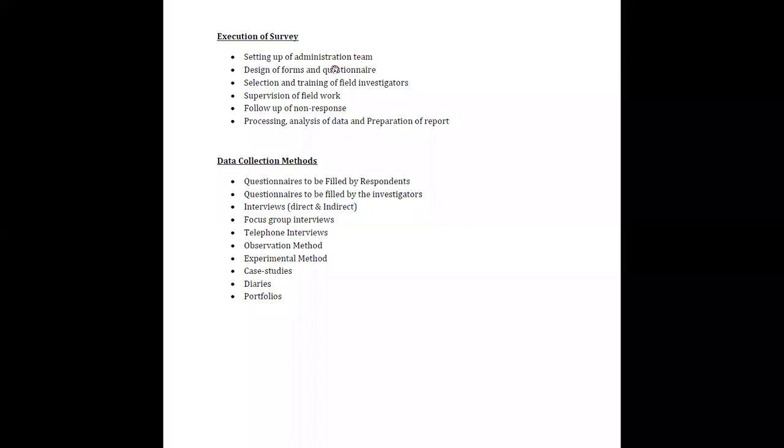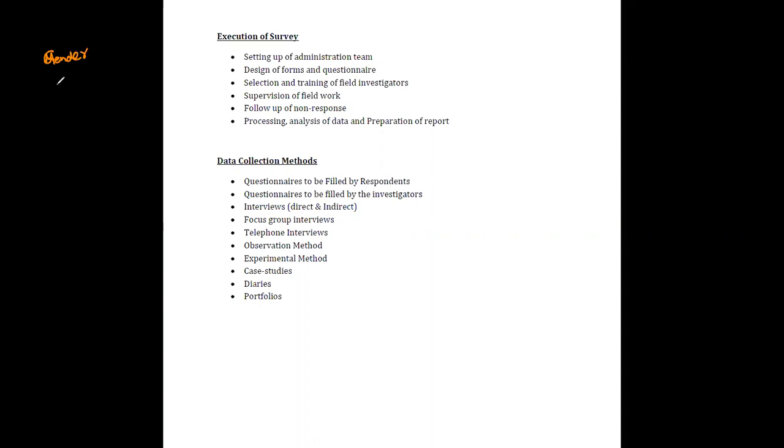Suppose that when you are designing a questionnaire, I'm just taking this as a general example. If you are doing social research, the first thing they ask about is the person's gender. Generally we are not taking their names. If it is anonymous, then we can record the gender of that person.